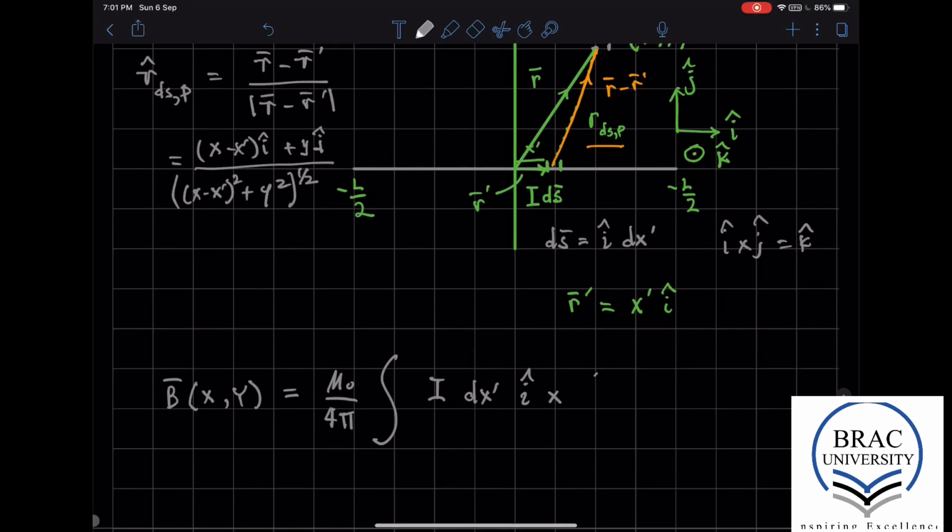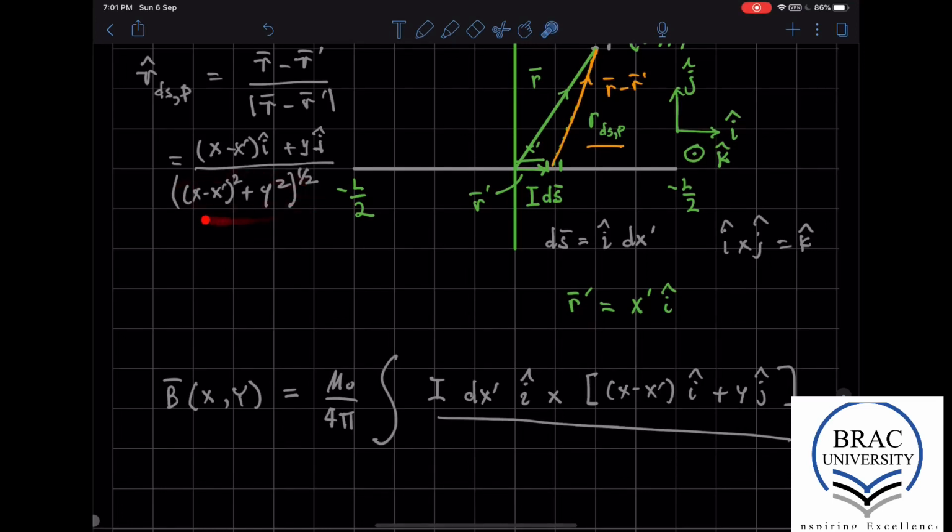So we are going to have (x minus x prime) i hat plus y j hat, and then in the denominator we'll have now 3 powers of the length of this vector.